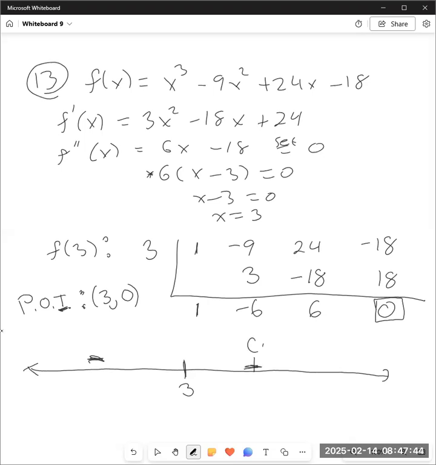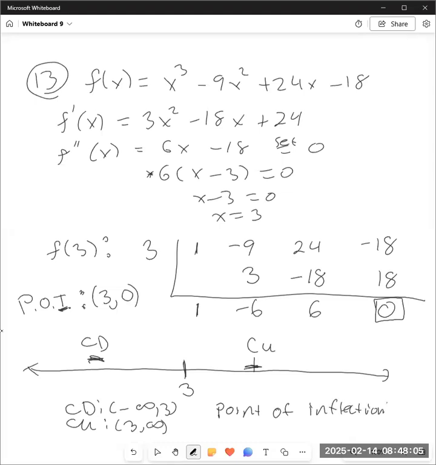So this is concave up here, concave down here. So we have concave down from -infinity to 3, concave up from 3 to infinity, and we have a point of inflection at 3, 0, and we need an ordered pair for that.